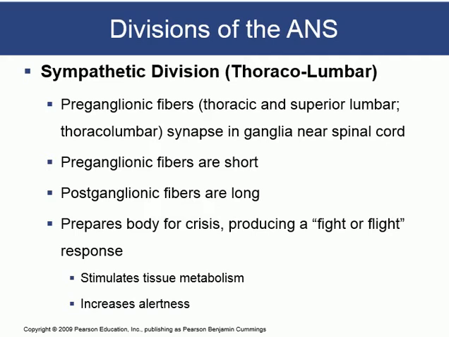Craniosacral. This is the origin of the parasympathetic. Thoracolumbar is the origin of the sympathetic. Okay, remember that. So where is the origin of the sympathetic? Thoracolumbar, meaning the thoracic and the lumbar segments of the spinal cord. About the parasympathetic, the origin is craniosacral.